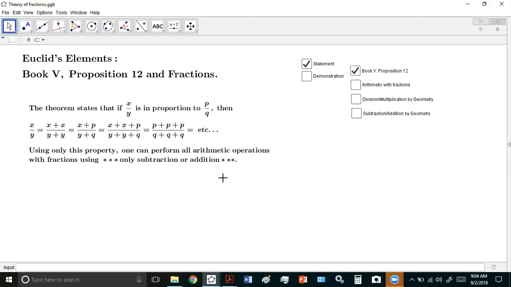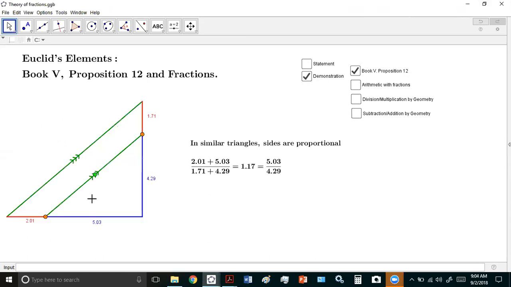Now, I studied this, and I realized that what was happening here and where Euclid got these ideas was from the geometry of similar triangles. Okay? And this is what it means.